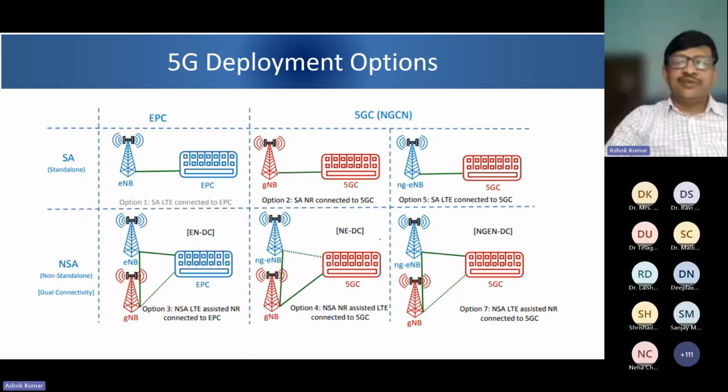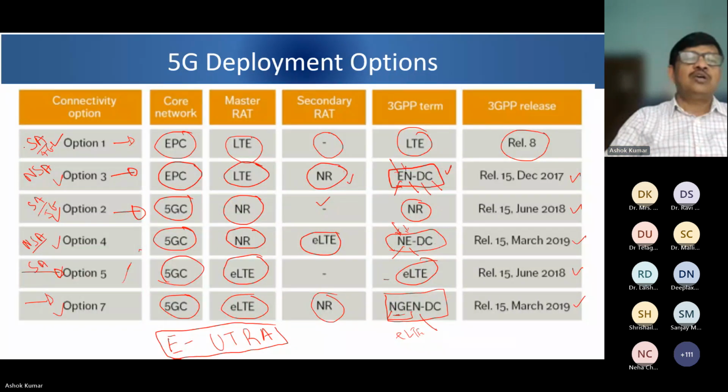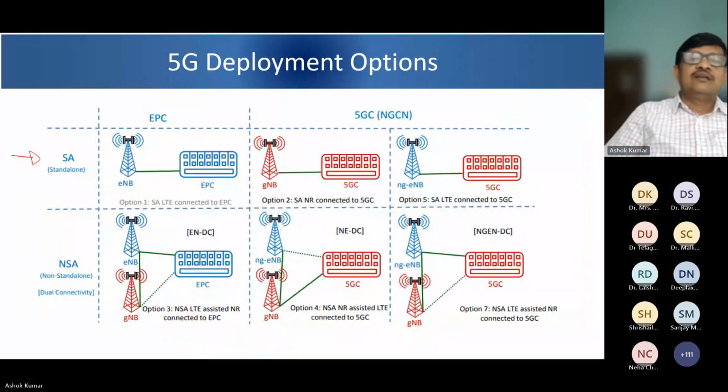So pictorially, let's see these options. This will make it more understandable. This top row is all the standalone options which I talked about: option 1, option 2, and option 5. Option 1 means I have 4G BTS and 4G core.